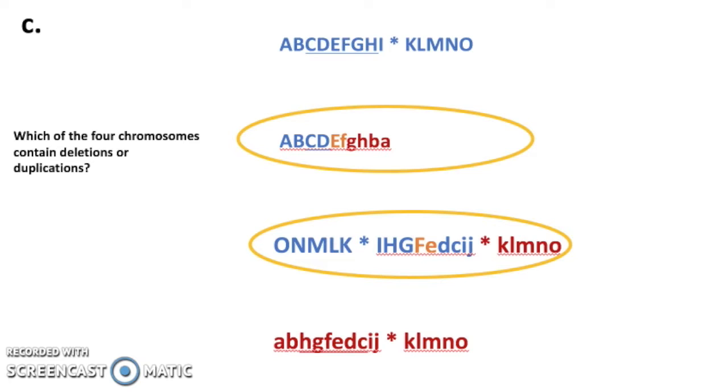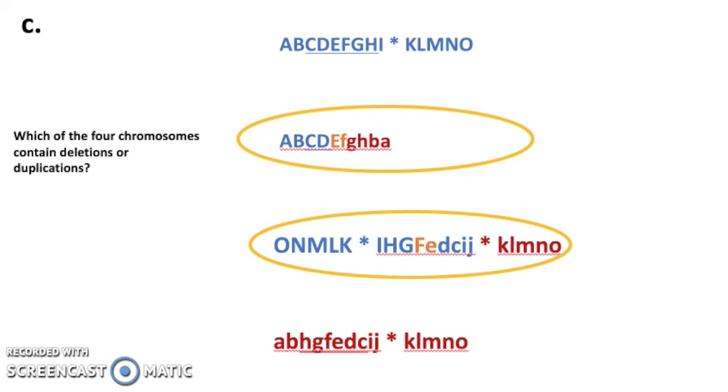And the reason why offspring with these chromosomes, with these deletions or duplications, typically aren't viable, why they don't develop, is because they are typically missing too many of the genes that are on the chromosome to be able to produce the organism.